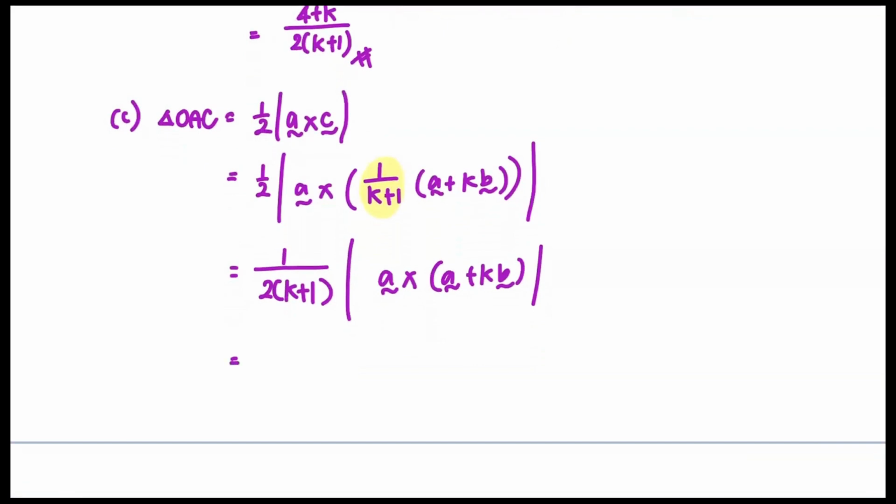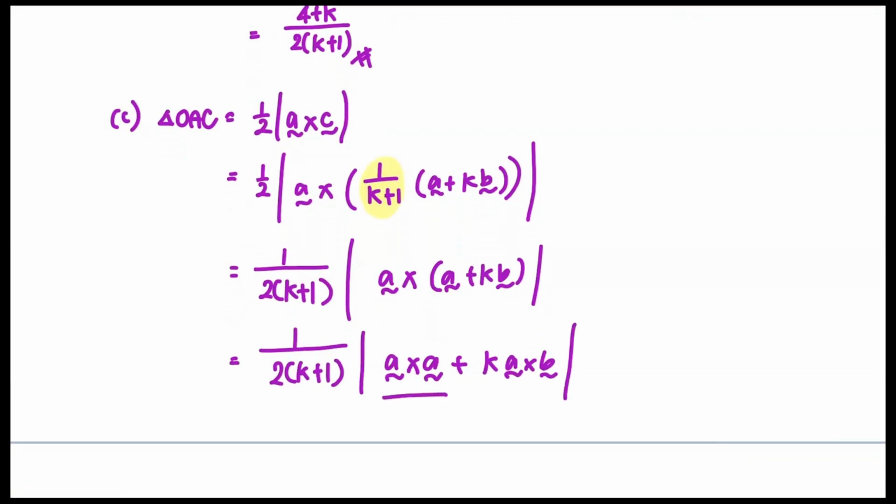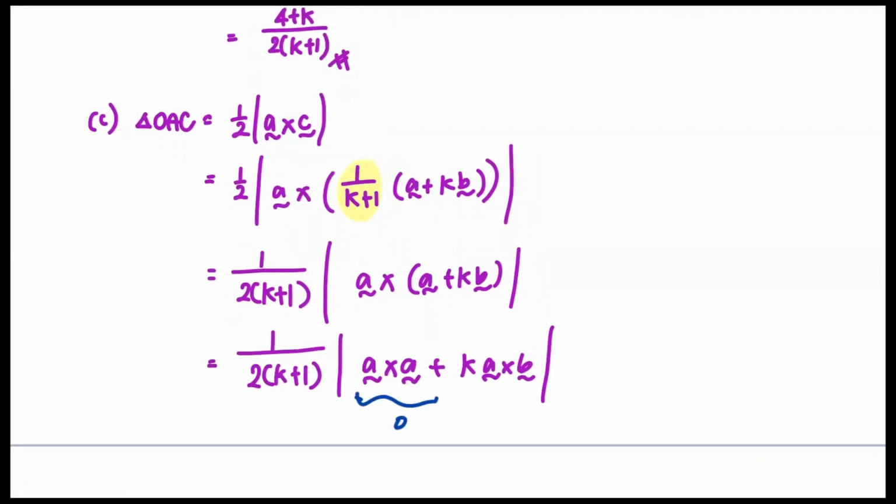Let's simplify this down. So we have 1 over 2(k plus 1), the mod of A cross A plus k A cross B. Now, what is A cross A? 0. Very good. Not divided by 0, but this is 0. Now, what is A cross B?